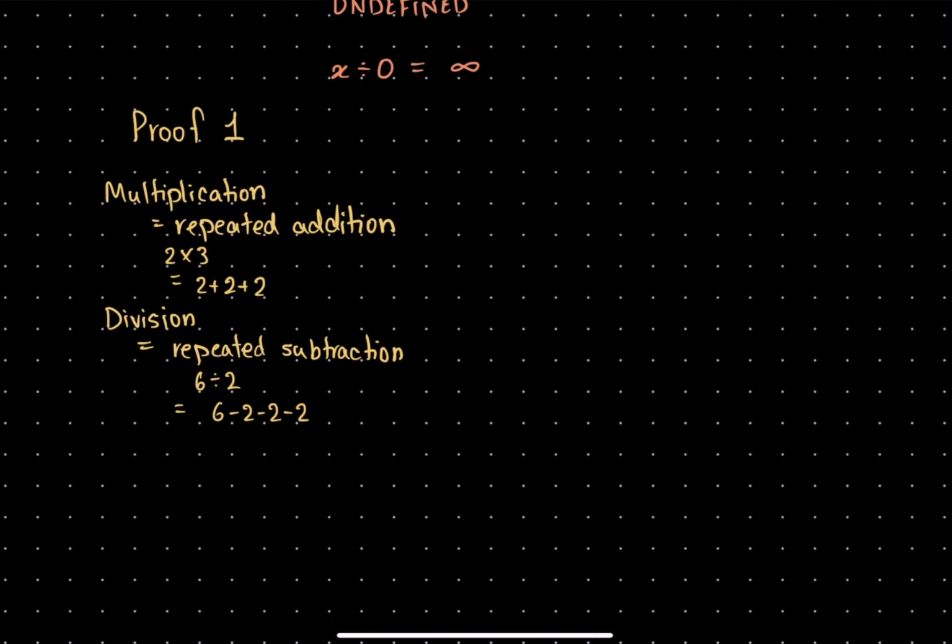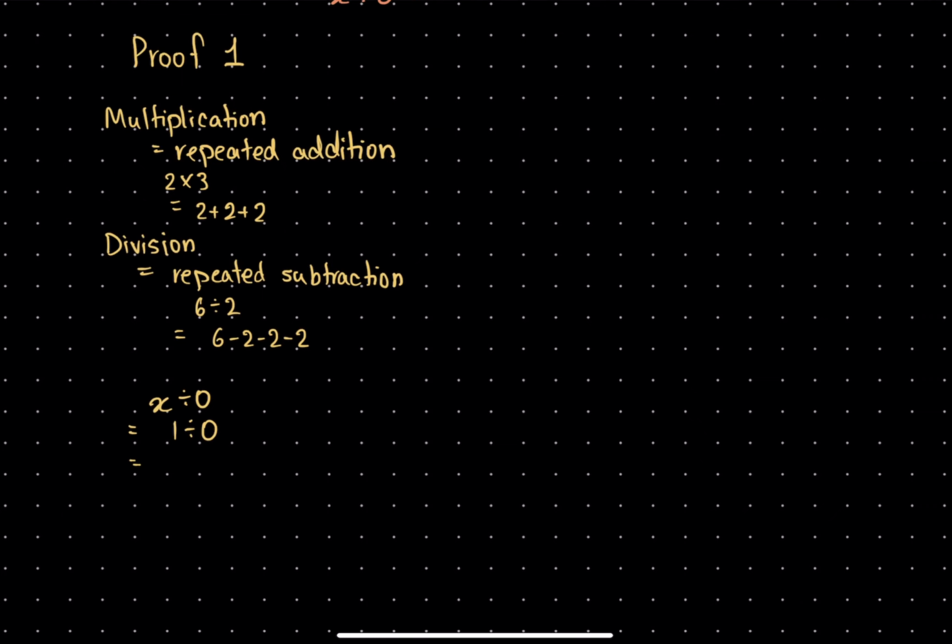So we can think about it this way, that x divided by 0, where we say x is equal to 1, so 1 divided by 0 is 1 minus 0 minus 0 minus 0, as many times as it takes to get us 0.